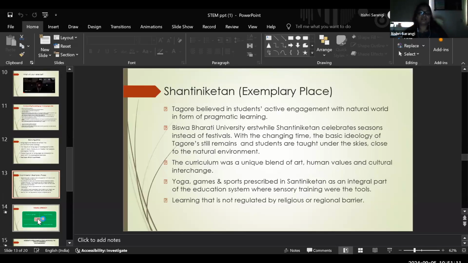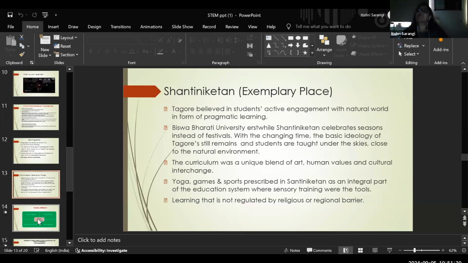Santiniketan, also known as Visva-Bharati University, celebrates seasons instead of festivals. With changing times, the basic ideology of Tagore still remains. Students are taught under the skies, close to the natural environment.